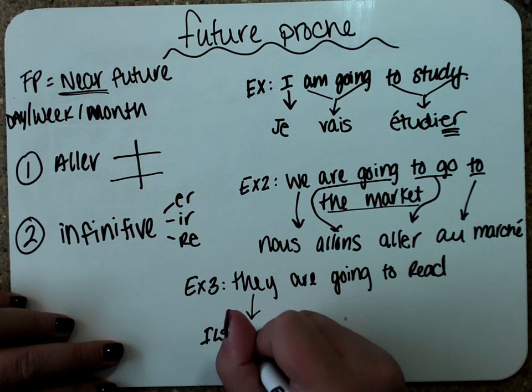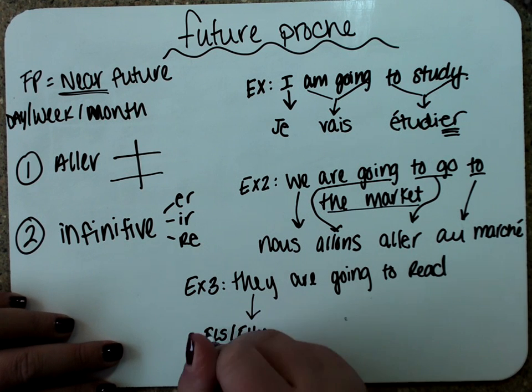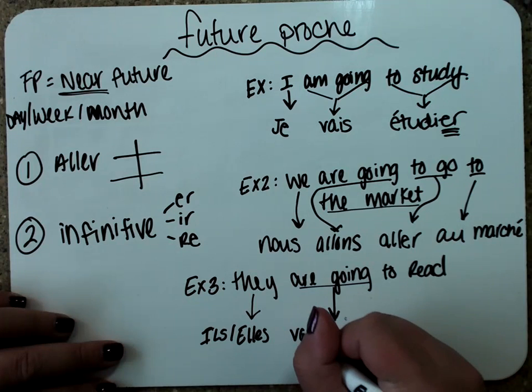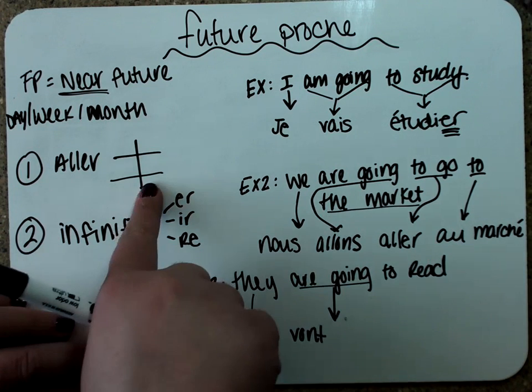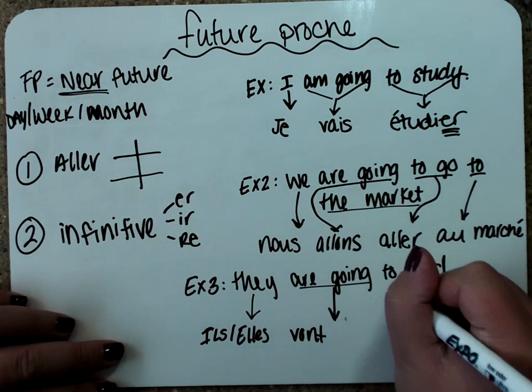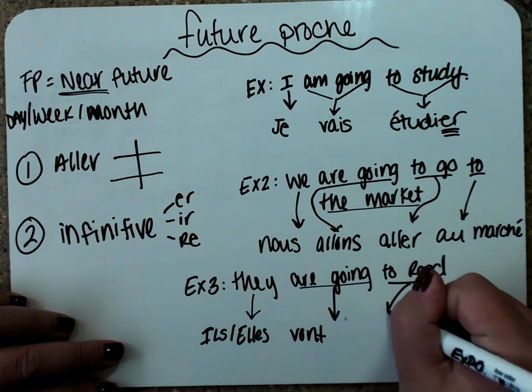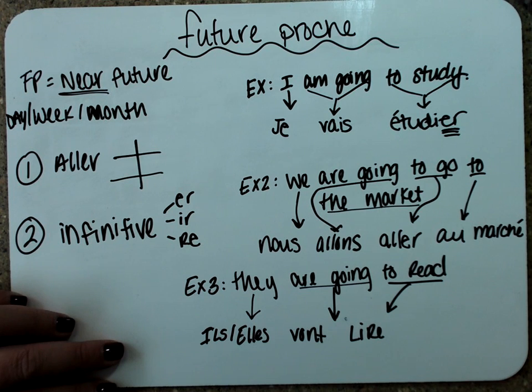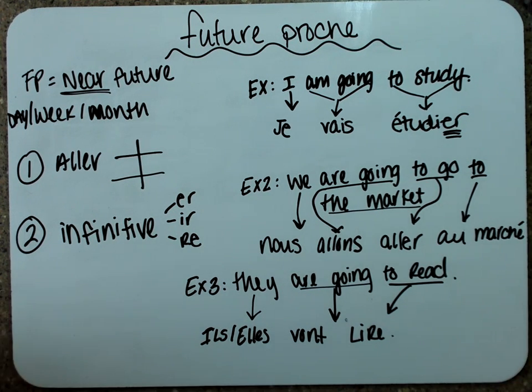I didn't specify. And now we need the are going, which is going to be vont, because we need aller conjugated for il and elle. And now we need to read, and to read in French is lire. So il or elle vont lire. And that's the end of our sentence.